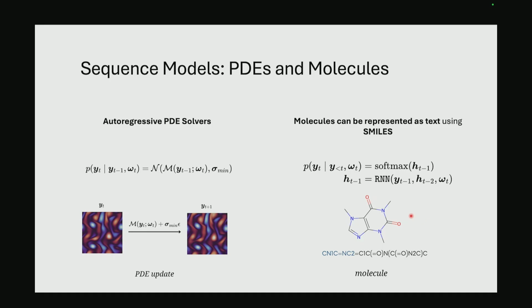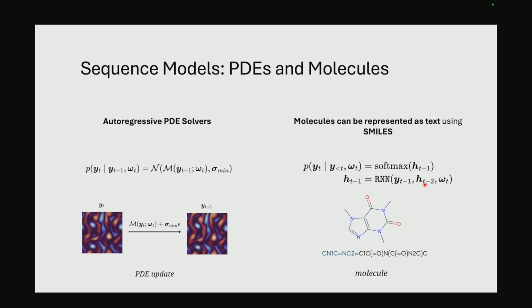A little bit of equation. This is the sequence model for a PDE. You have a bunch of parameters, and you have the previous state, which is this image. You try to predict the next state. That's typically a normal distribution with some variance and some mean value for the next state. But for a molecule, we've looked at RNNs.